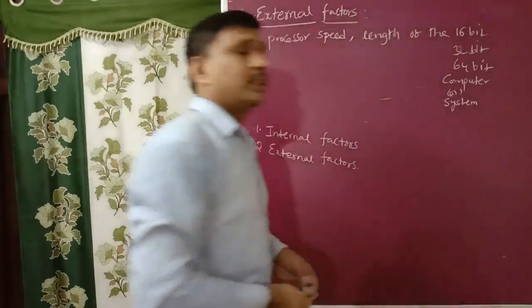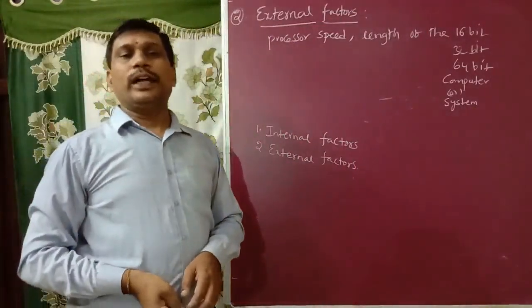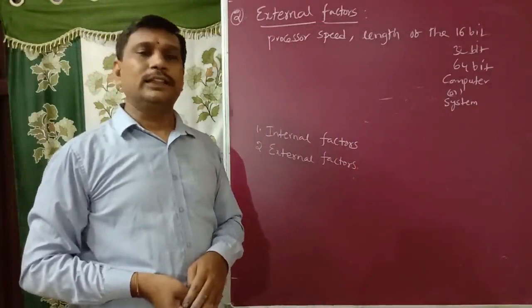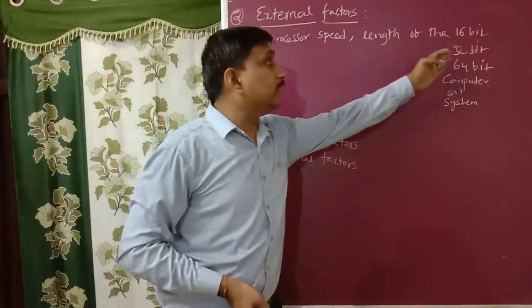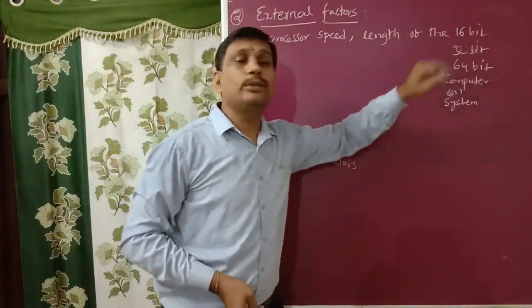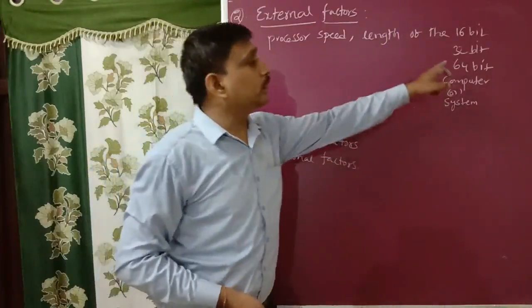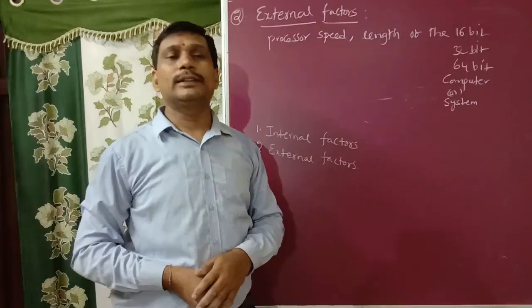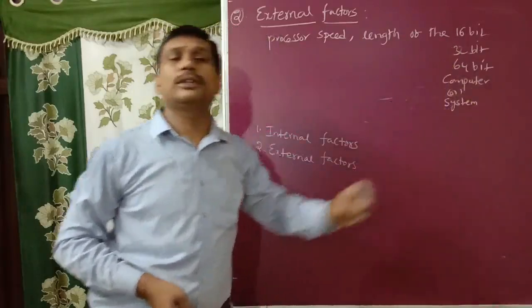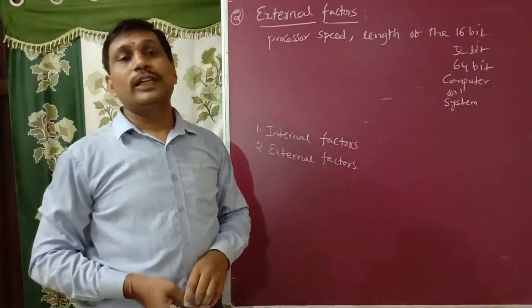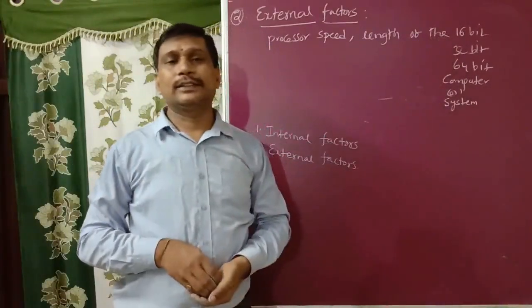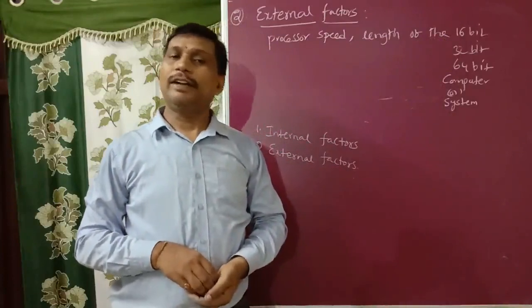These external factors affect the complexity of algorithms. A 16-bit computer is slower than a 32-bit computer, and 32-bit computers are slow when compared to 64-bit computers. These are called external factors.